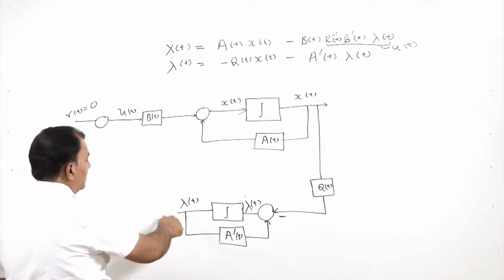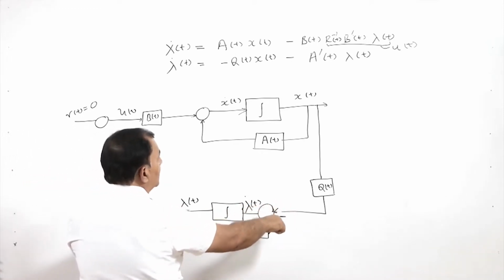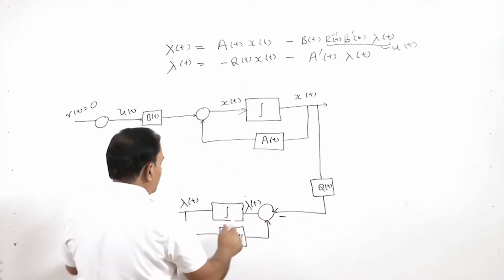So here, lambda dot t is Q t x t plus lambda t A transpose t.